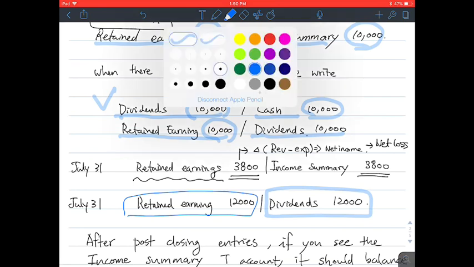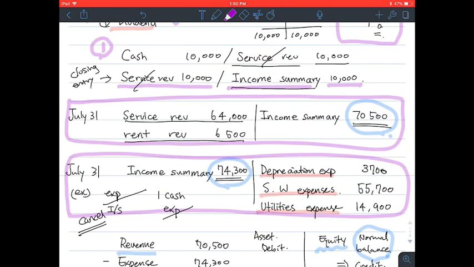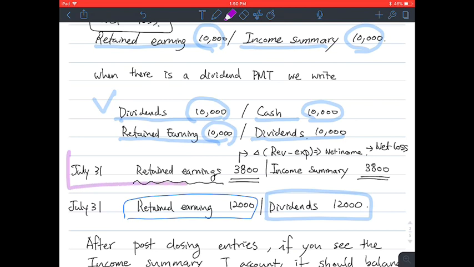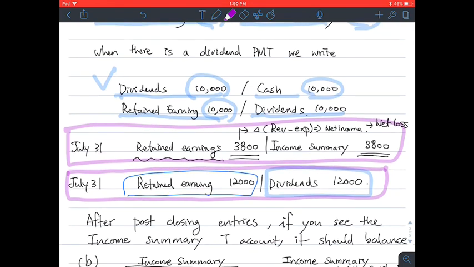So here the first one was the revenue, the second one was the expenses, and the third one was about retained earnings, how net income went into the retained earnings. And the fourth one is how retained earnings were affected by the dividends.